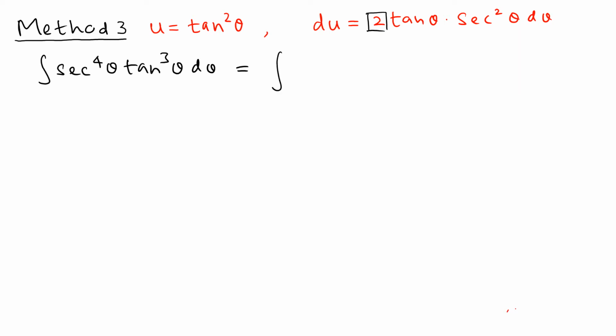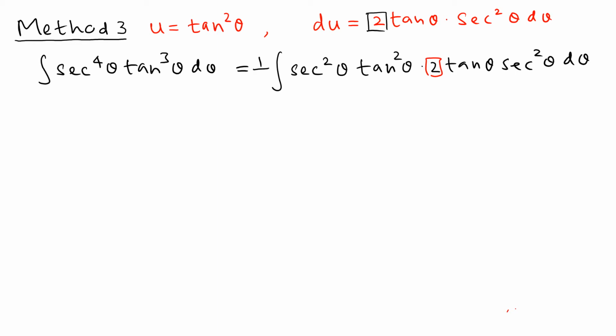We take one secant term out, so we have secant squared left, and we take a tan term out, so we have tan squared left, and then we have 2 tan theta secant squared theta d theta. You can see that there's a 2 here, so to cancel that 2 we write 1/2 in front, so that they cancel each other.